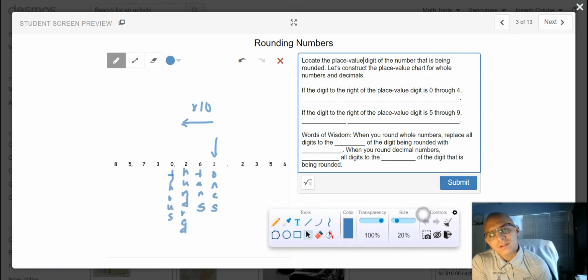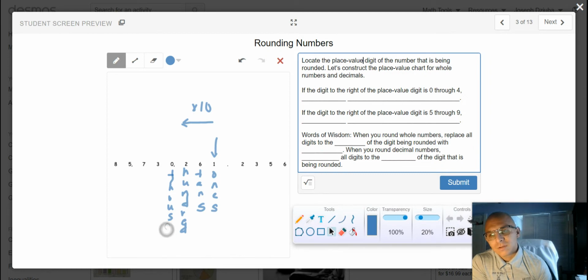Can I move this? Oh, I can move this. Look at that. Right, and then so on and so forth.